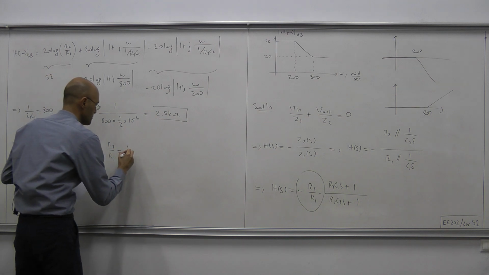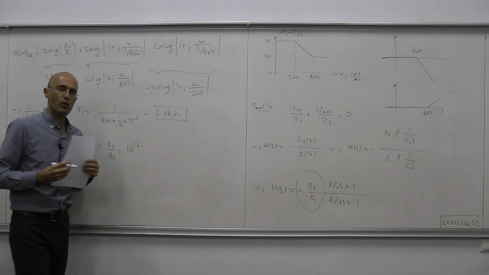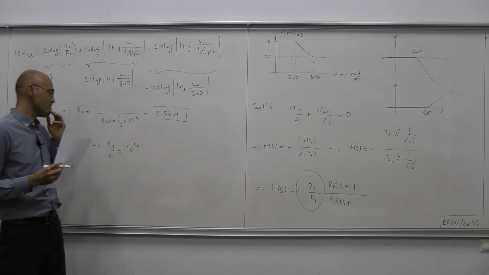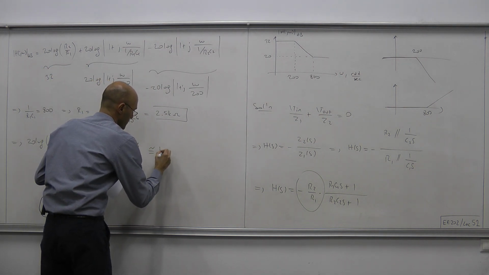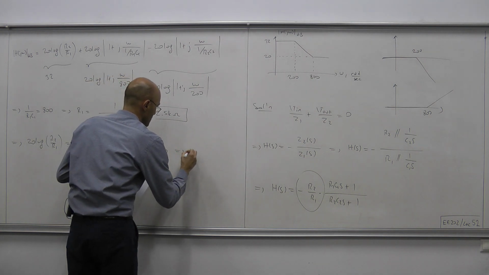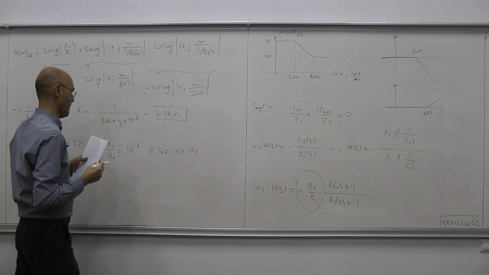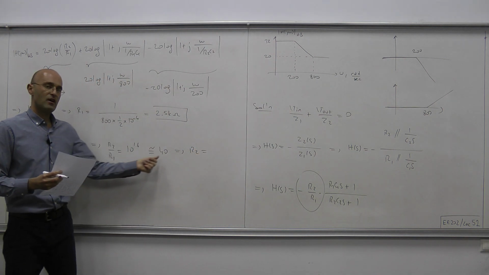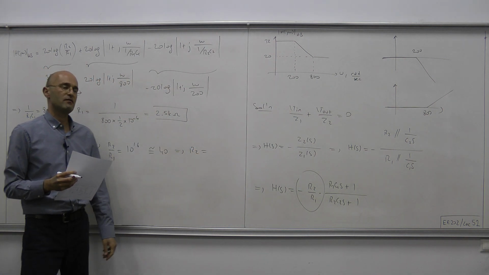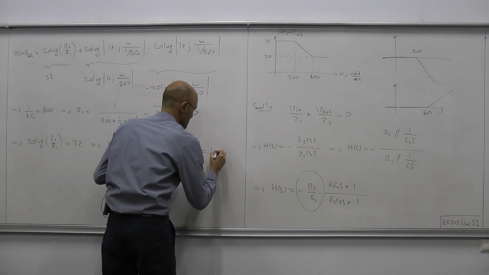Therefore, R2 over R1 must be 10 to the 1.6, and that's about 40. Hence, R2 must equal R1 times 40. R1 was 2.5 kilo ohms, so R2 is 100 kilo ohms.